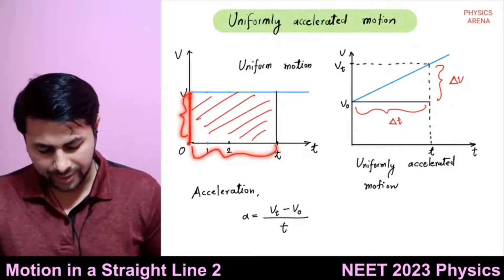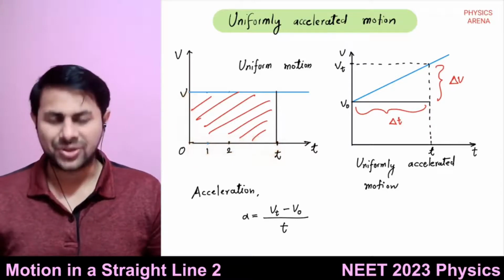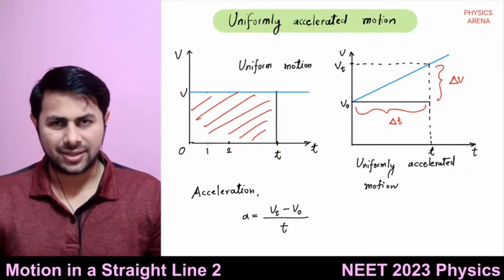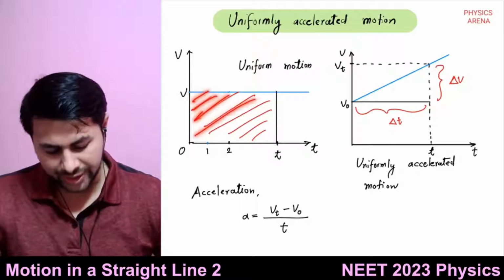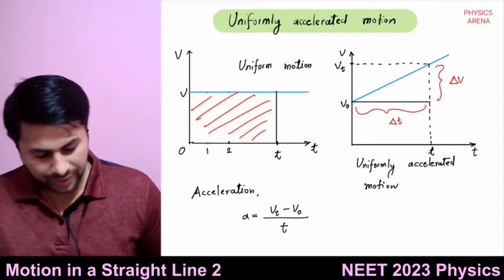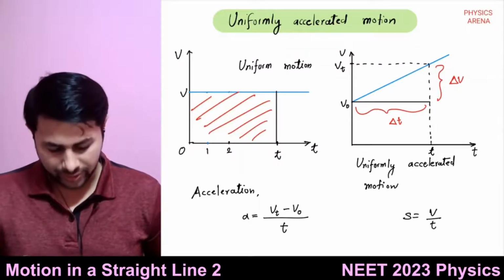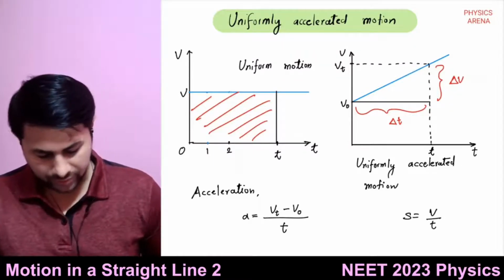If you multiply this side with this side of this rectangle, you will get the area under this rectangle, which is this shaded area.